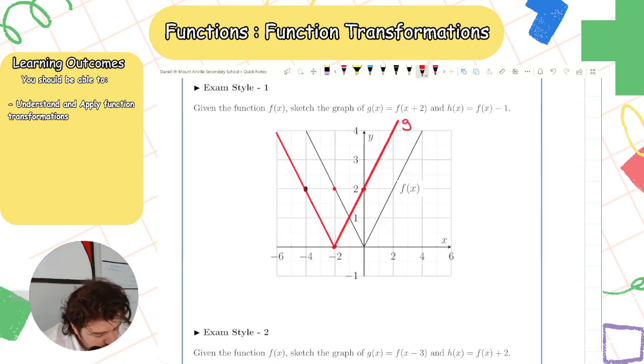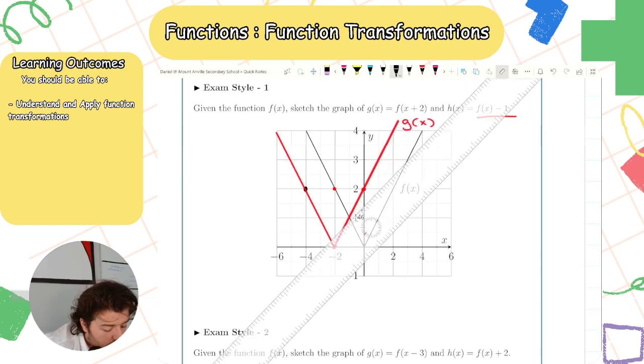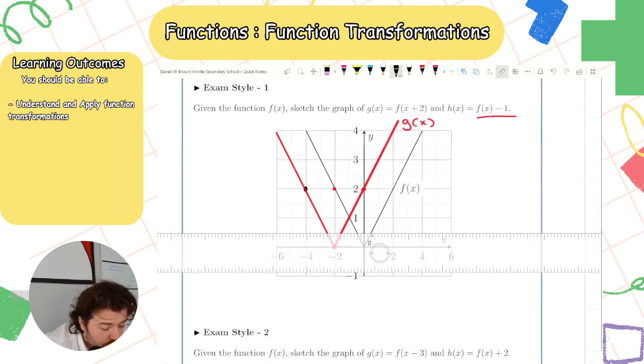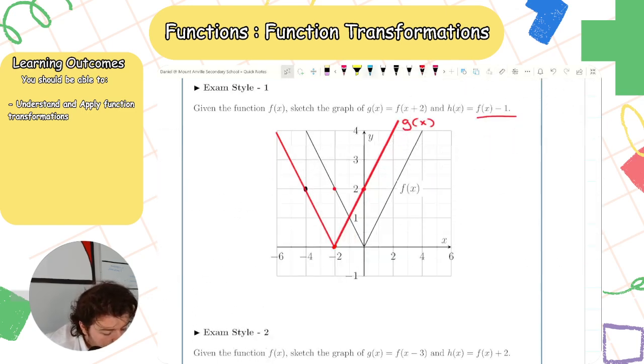to the left. And then finally, h of x is f of x minus 1. So I'm subtracting a constant, right? So I'm going to be moving my function down 1. So this is now going to go here. This point will now go down here. And then this point here will go down here.